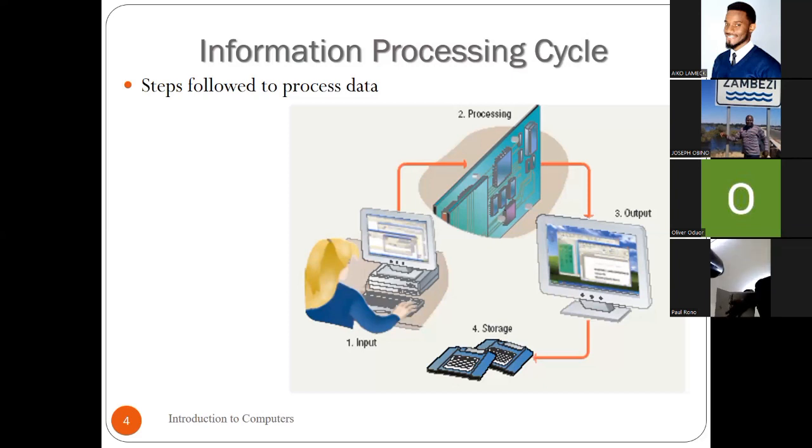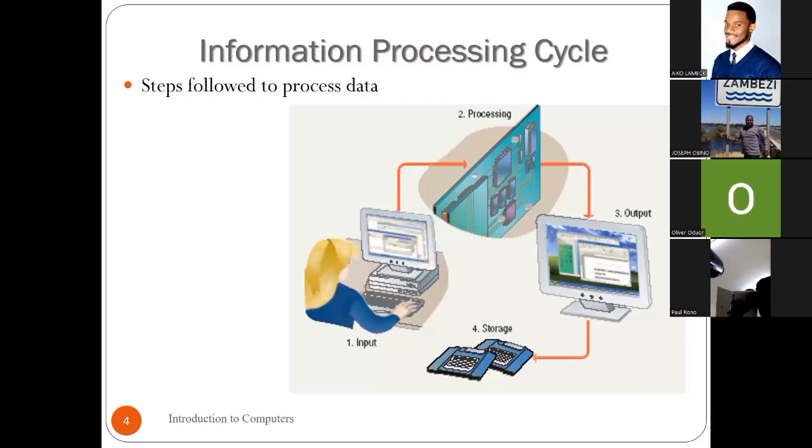So while performing the input, the processor will then manipulate the data, then instruct the computer hardware, which is the monitor. You can see the output as the third step. The processed data is then output by the use of the screens.